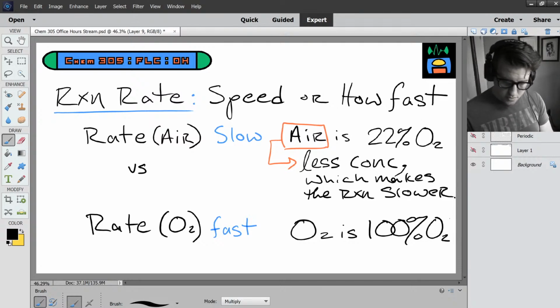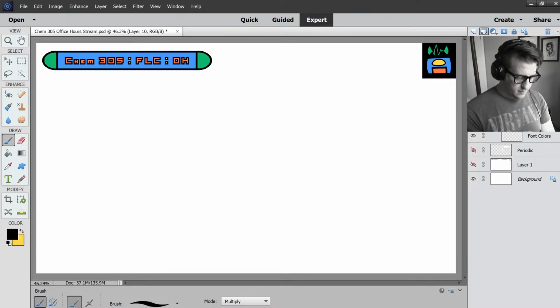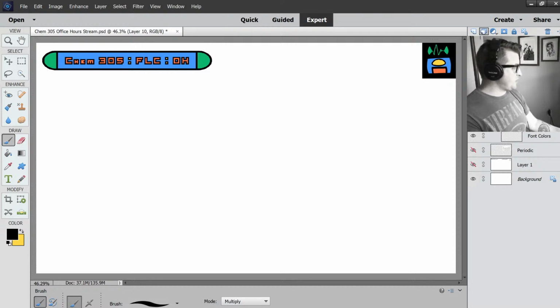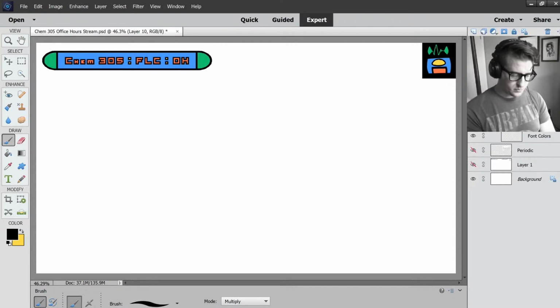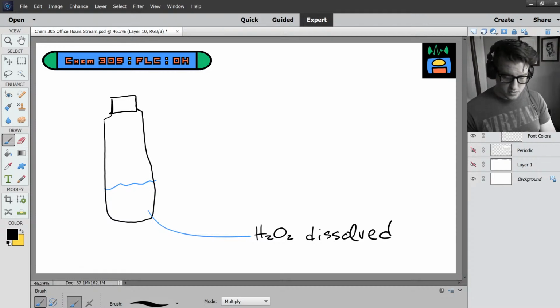So in the generation bottle, there's a stopper up here, then we've got this solution. This solution right here is hydrogen peroxide dissolved in water.